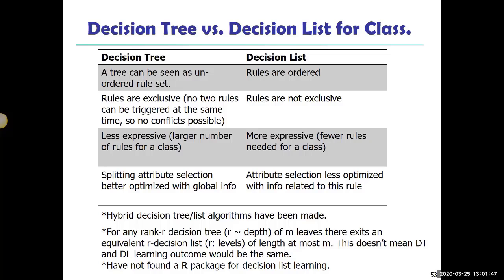As we know, in decision trees we have those replication and redundancy issues that can make a rule long and hard for human beings to parse. On the other hand, decision tree rules are exclusive. No two rules can be triggered by the same observation, so no conflict is possible in a decision tree.